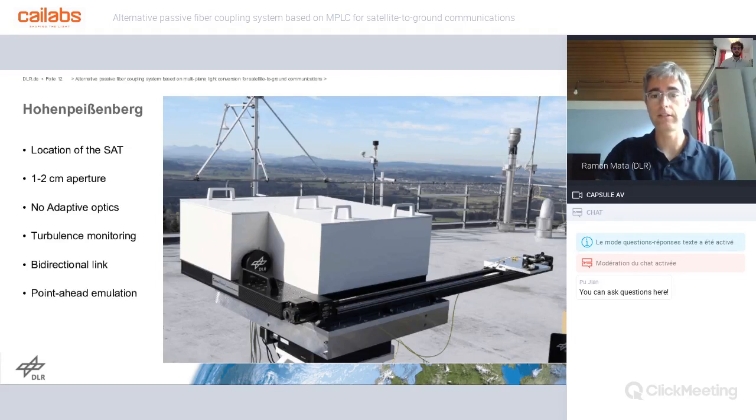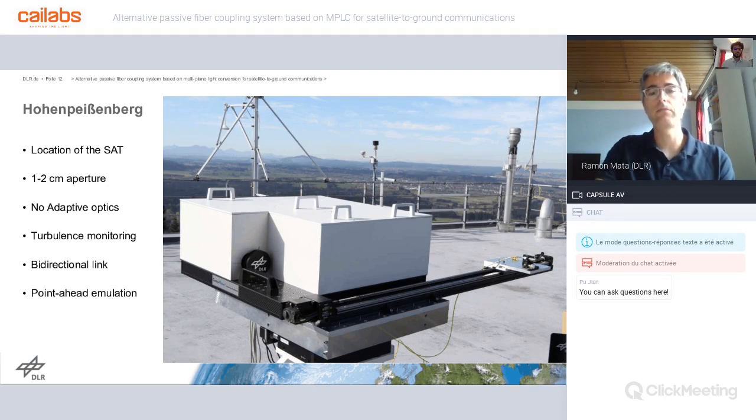We separate the transmitter and the receiver part physically, since the terminals cannot move, of course. In that case, we don't have adaptive optics because we are simulating a satellite, and the aperture of this terminal is set up in a way that emulates a point receiver for the reception part, as it would be in a satellite.